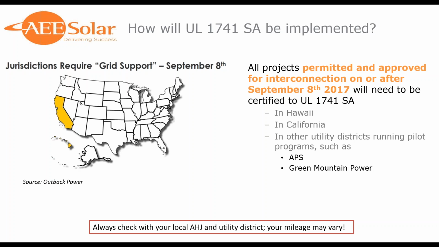And the specificity there is that all projects permitted and approved for interconnection on or after September 8th will need to be certified to UL 1741 Supplement A. The jurisdictions that we're aware of at this point, of course, Hawaii, California, but also some local utility districts running pilot programs such as APS in Arizona, Green Mountain Power, and I'm sure there's a couple more out there of the more progressive utility districts that look forward to using this functionality.